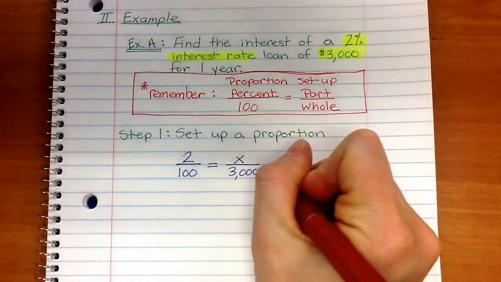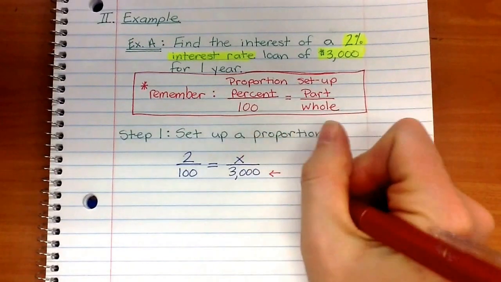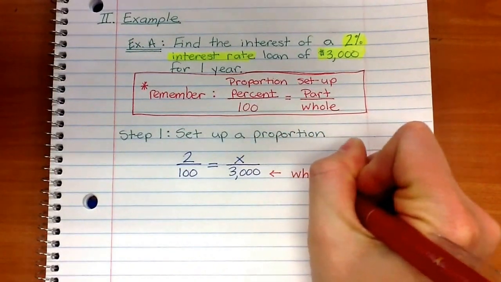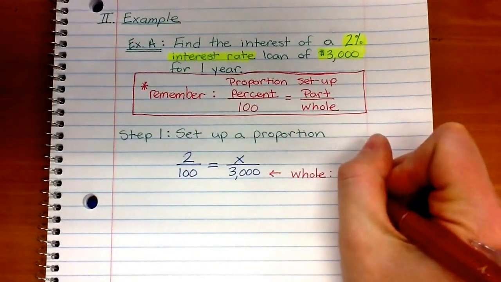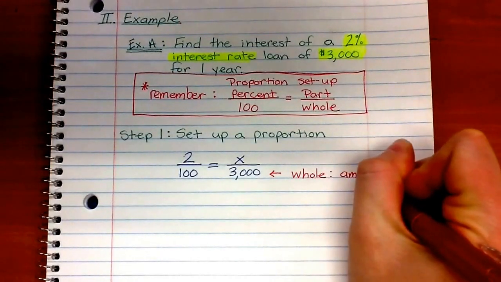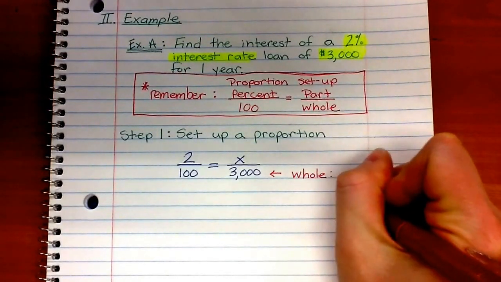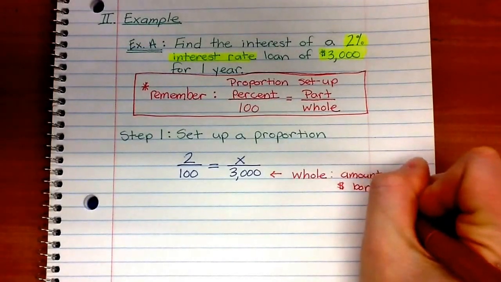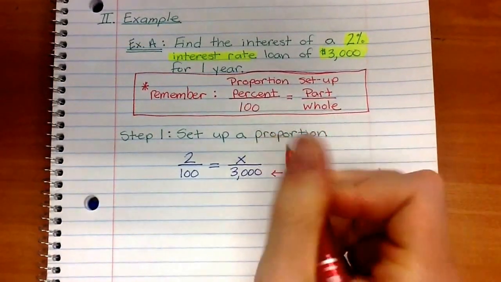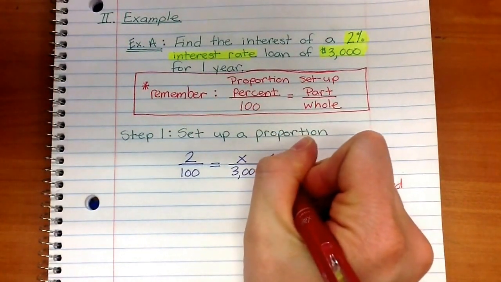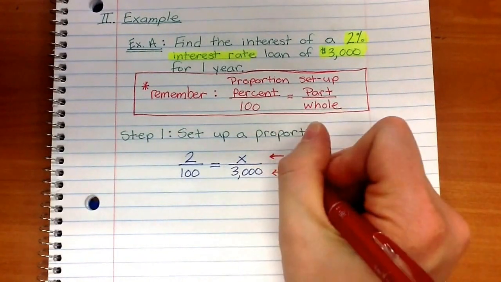So this 3,000 is the whole, which is amount borrowed, amount of money borrowed. Our numerator is our unknown.